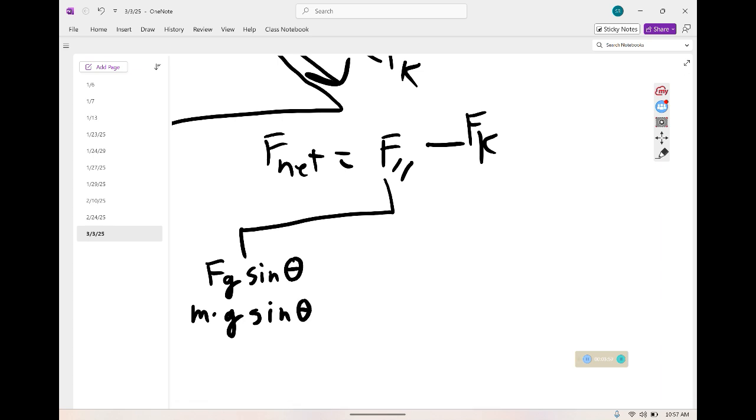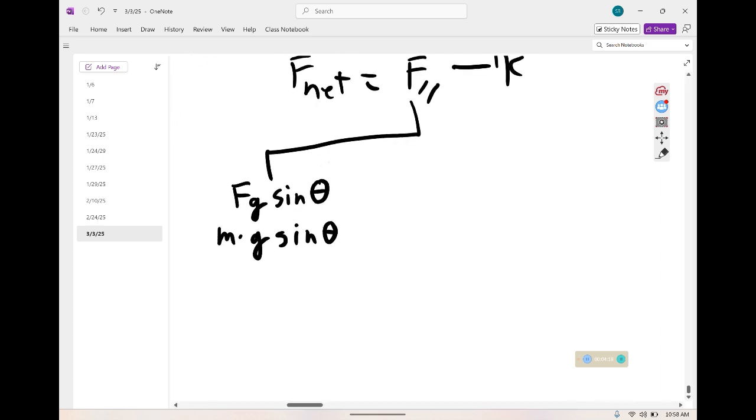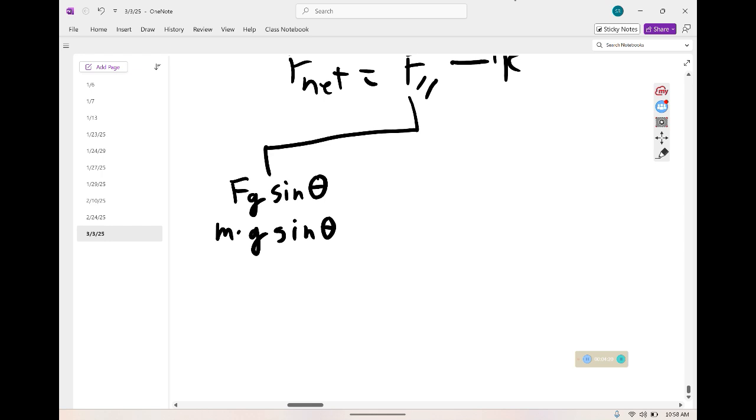Now, if you looked back at what we wrote down for all our givens, am I going too fast? Yeah. Okay. If we look back at what we wrote down for all of our givens, you'll see that we have m, g, and theta already filled out. So now it's just a matter of plugging those in.